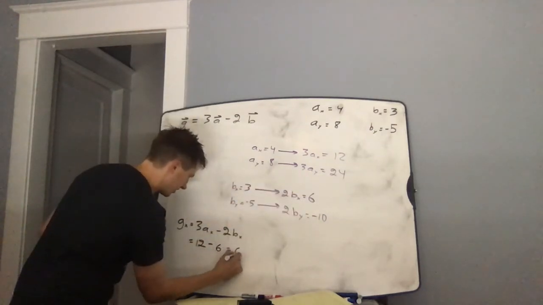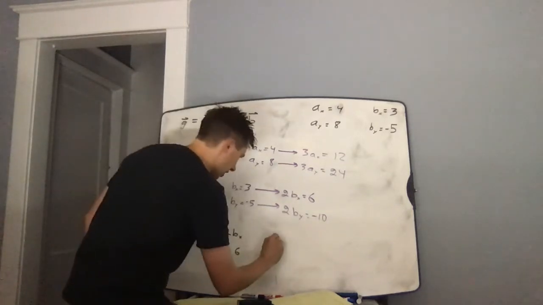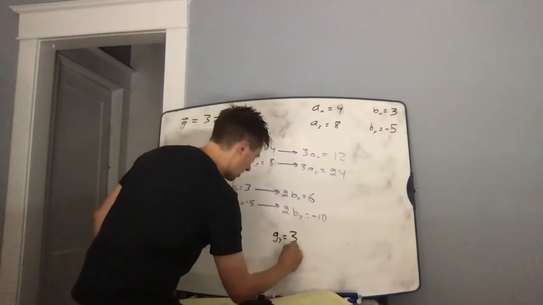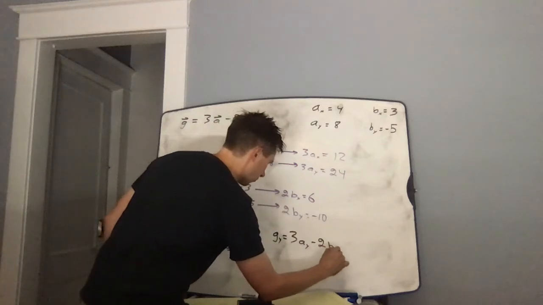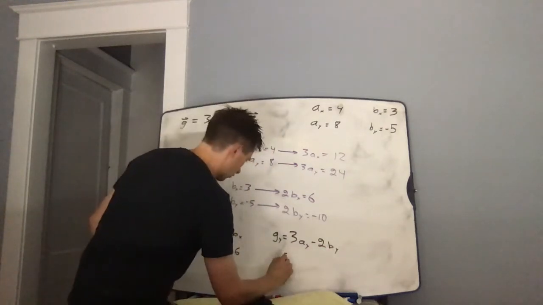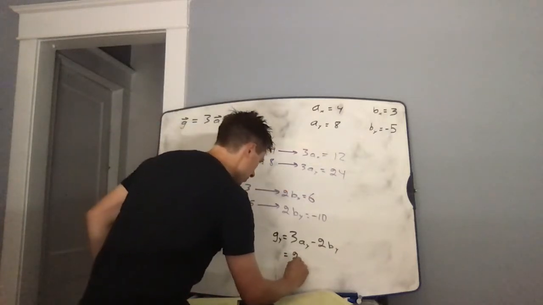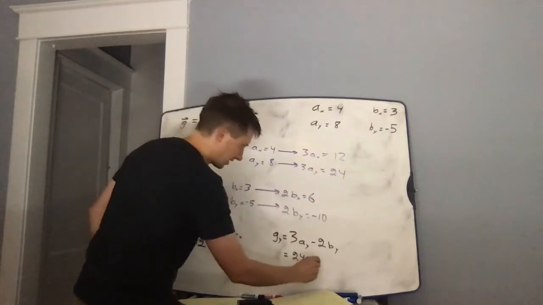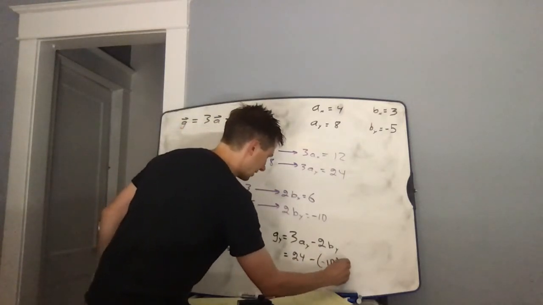So that's going to be 6. Similarly, I could say gy could be thought of as 3ay minus 2by. So I could write that as 3 times ay is 24 minus 2 times by, we said, is -10, minus -10. So that is 34.